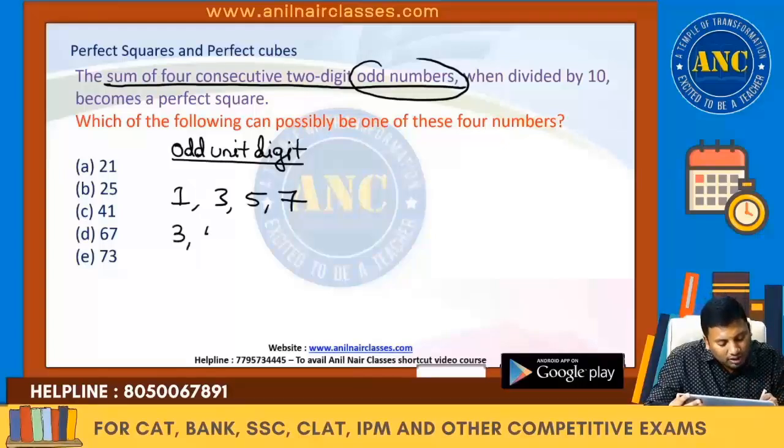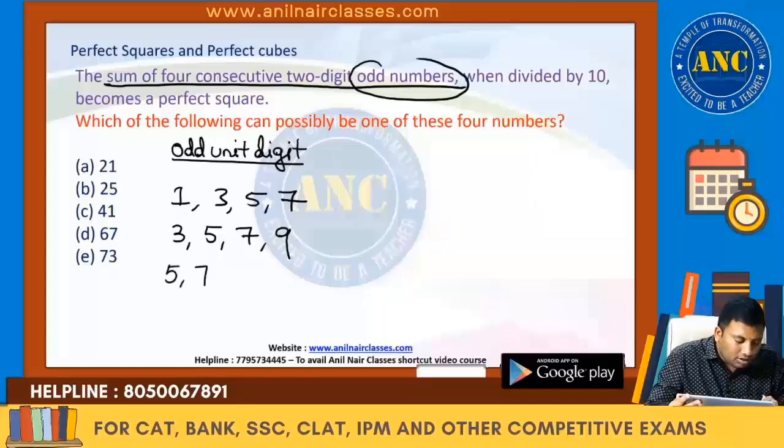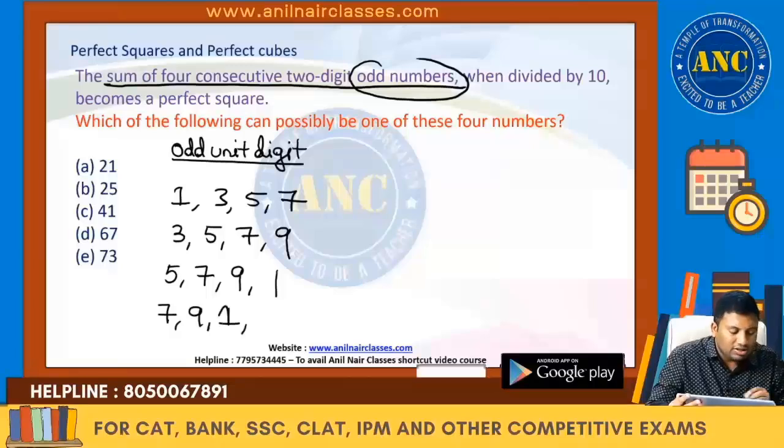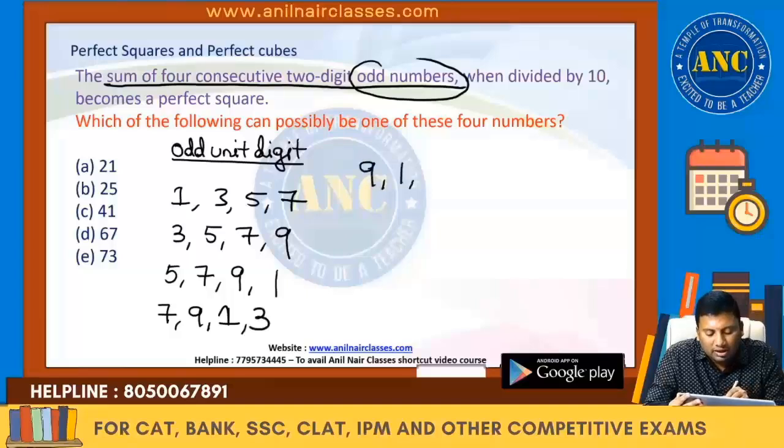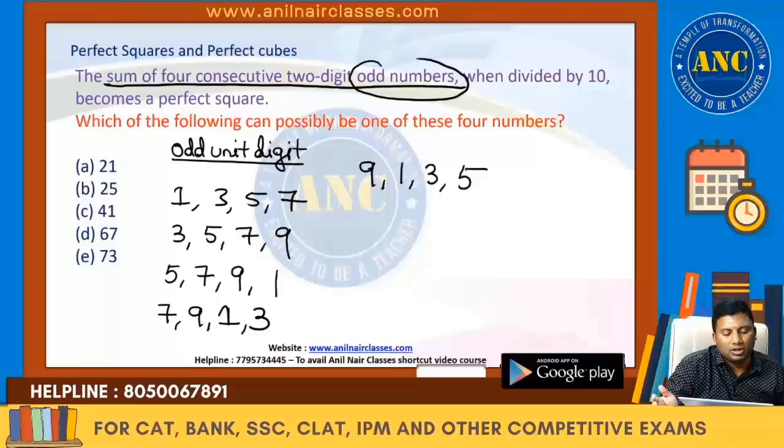It can also be 3, 5, 7, 9: 33, 35, 37, 39. 5, 7, 9, 1: 45, 47, 49, 51. 77, 79, 81, 83. 19, 21, 23, 25. Yes or no? These are all the possible unit digit combinations: 1, 3, 5, 7. He said sum of 4 consecutive 2-digit odd numbers.